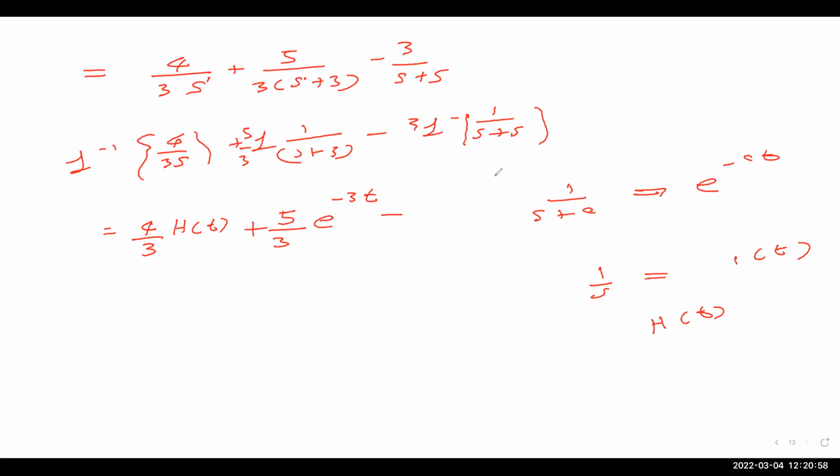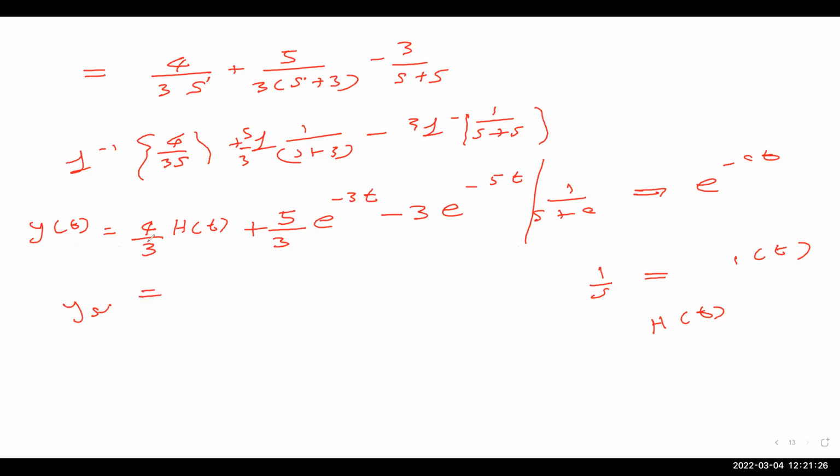And here we have this 3 outside, and s plus 5 once again. a is 5, so we can write it as e to the power minus 5t. So this is actually our y(t). Now they are asking for y_ss, the steady state.